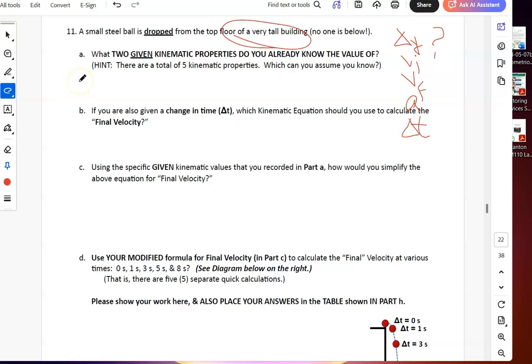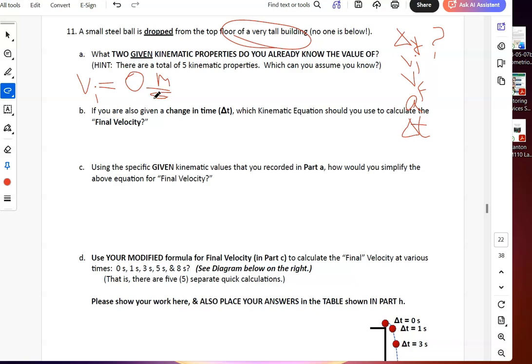The initial velocity, well, we're dropping the ball. So that means we're starting from a velocity of 0. So our initial velocity is 0 meters per second. Anytime you have a drop where you're not imparting some initial velocity, you assume that initial velocity is 0. The final velocity, well, that's going to change with time. So we don't know that.